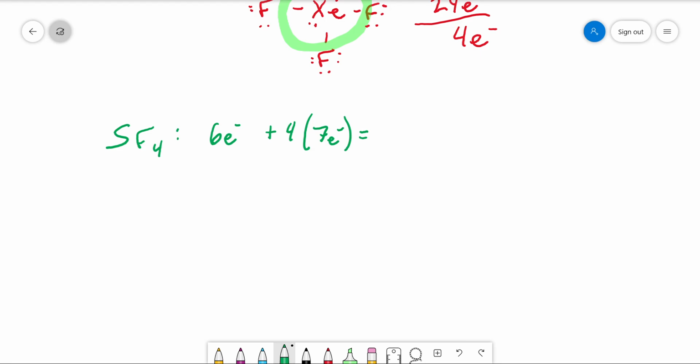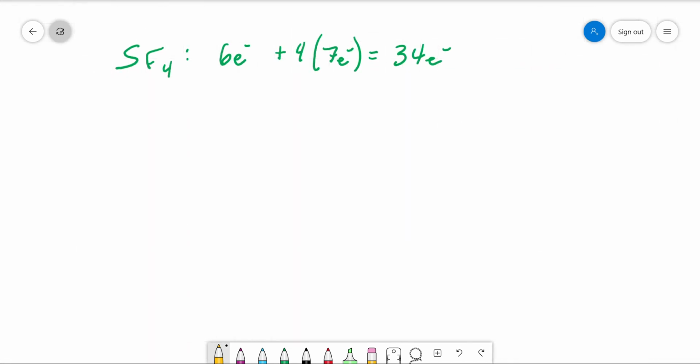And that gives us 28 plus 6 is 34 electrons. Okay, so do the Lewis structure. Sulfur, fluorine, fluorine, fluorine, and another fluorine. That was 8 electrons used, and so that leaves me with 26 electrons.